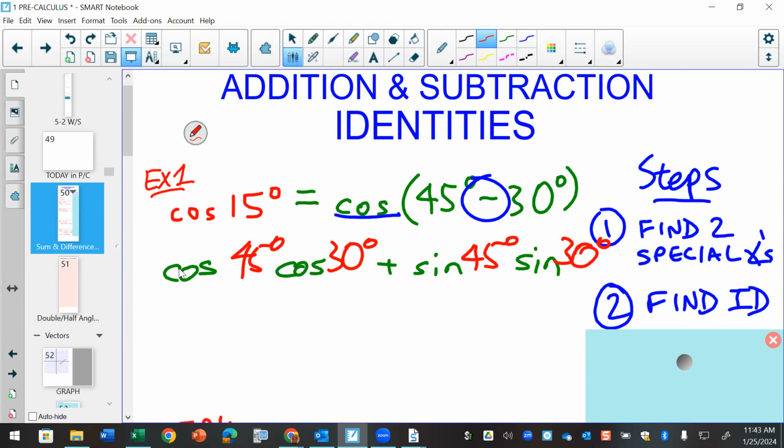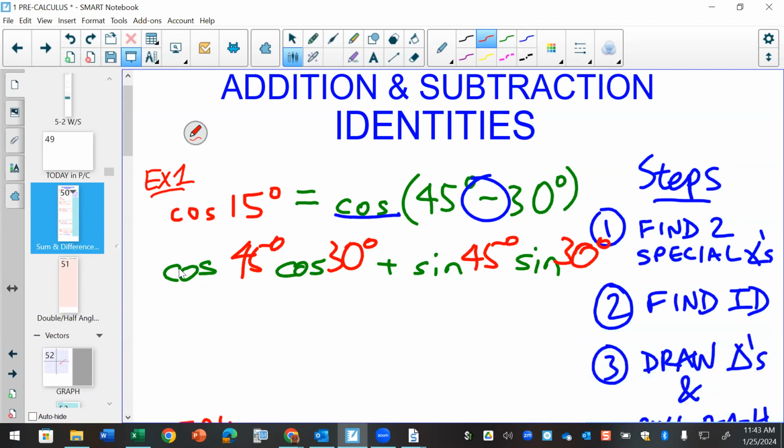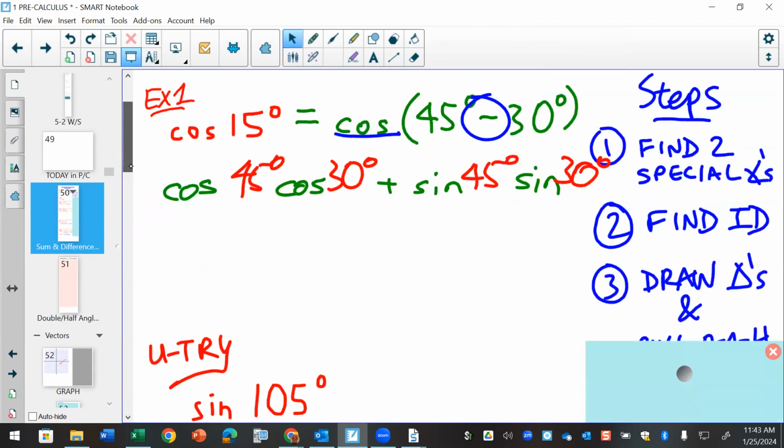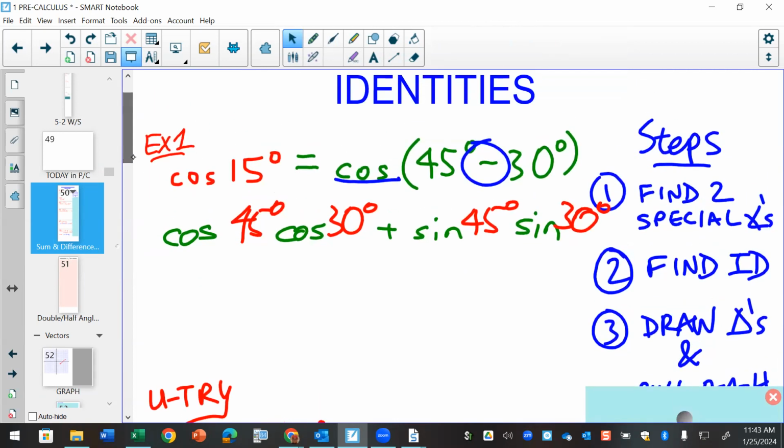Now, unit circle time. Our old friends, 45 and 30, first quadrant. And I put draw triangles, wheel, or unit circle, right?